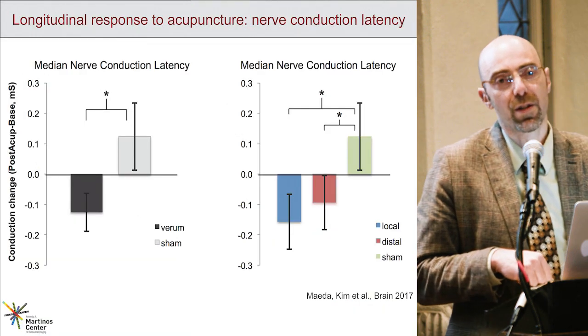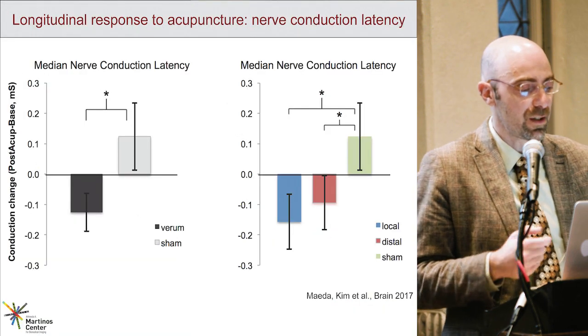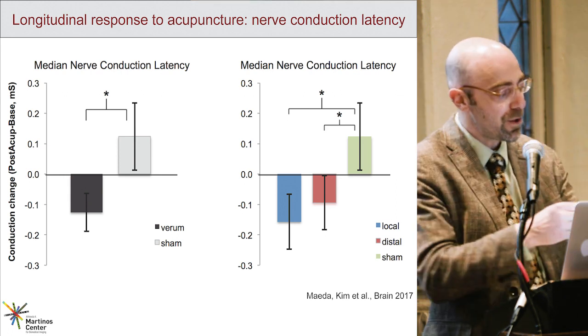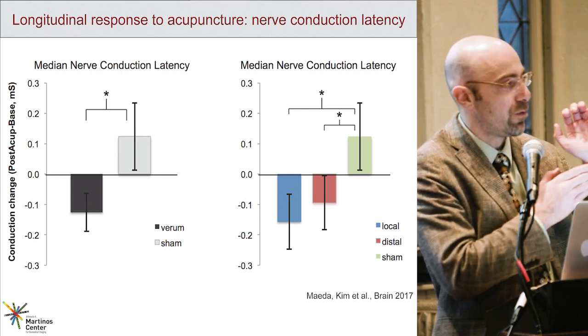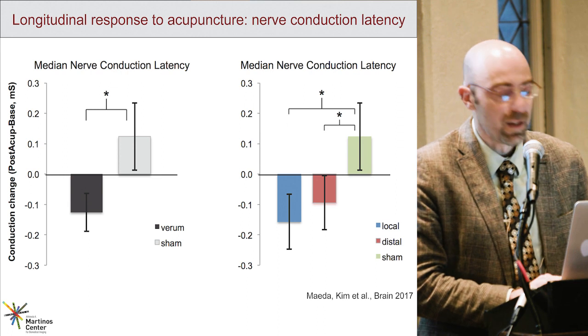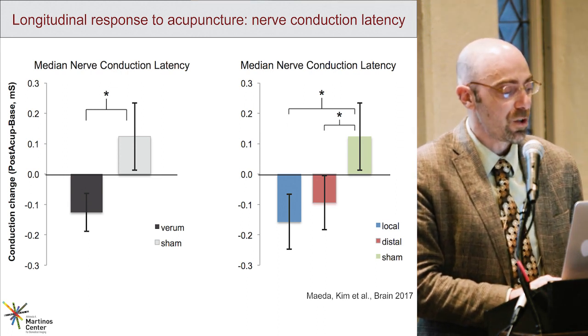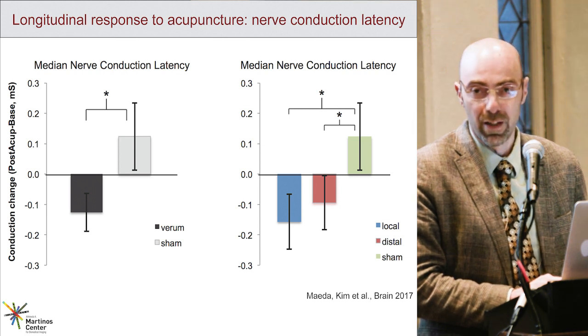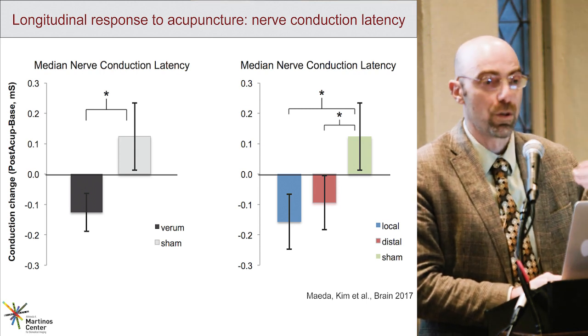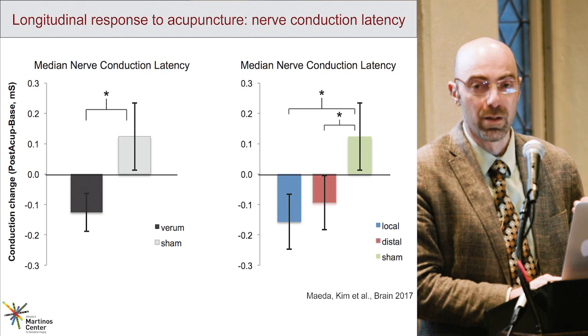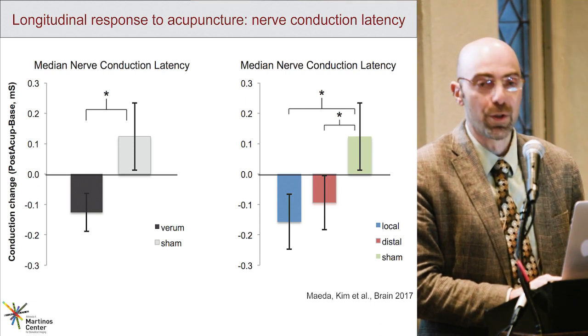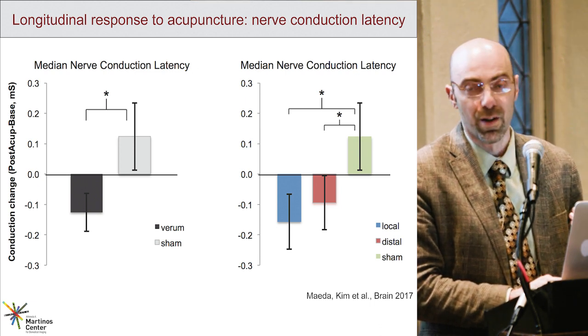So the story was different for some of the objective outcomes, such as nerve conduction latencies. This is where we're measuring the latency of the impulse over the wrist. And so here, with patients randomized to the Verum, the real acupuncture group, those patients were improving, so they were reducing the latency. So this is going in the direction we would want it to go in. We were reducing the nerve conduction latency, whereas those randomized to the sham group were actually getting slightly worse.